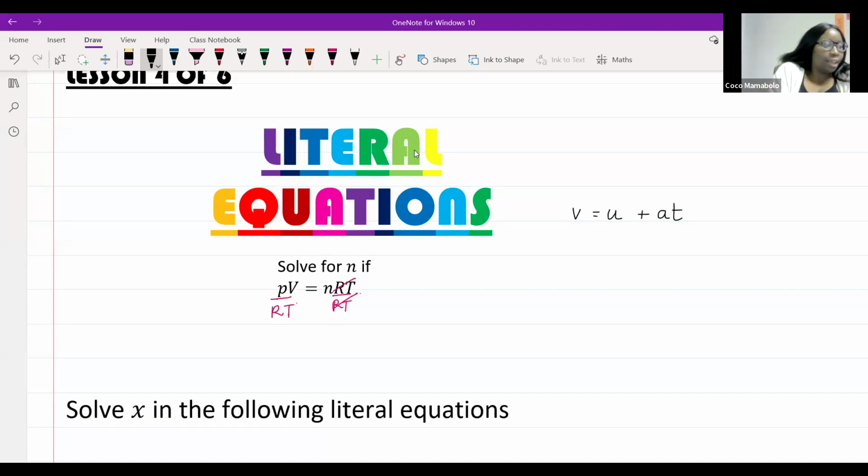Now I want you guys to make A the subject of the formula. Tell me in the chat what you get as an answer. Tell me A equals something.